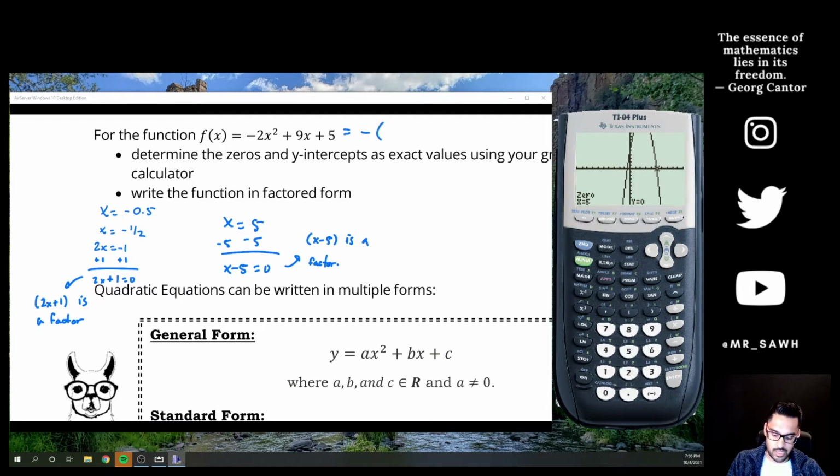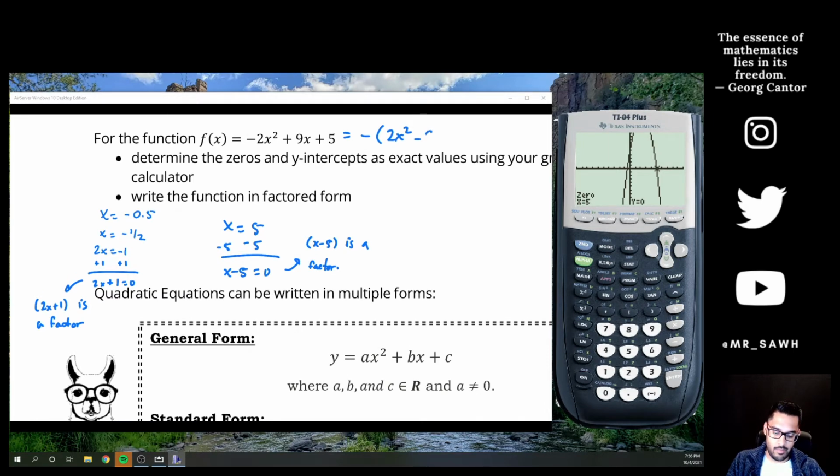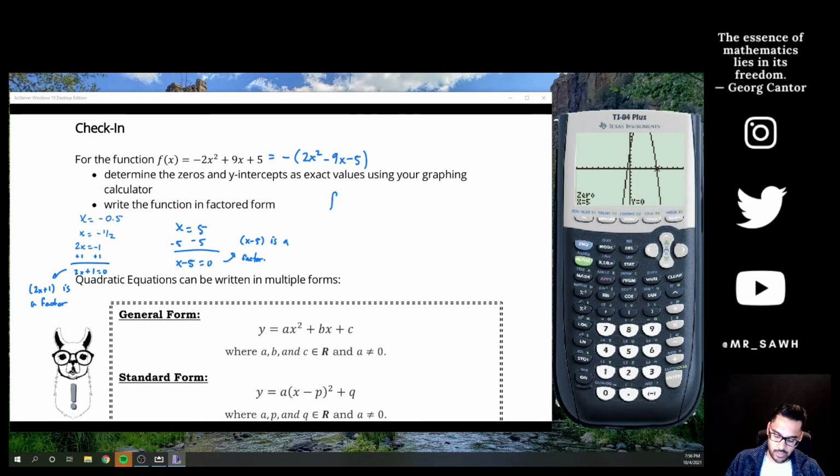Really what this looks like is negative multiplied by 2x squared minus 9x minus 5. Essentially, we factored this to get these two factors, but there's still a negative sign in the front. So really in factored form, my function in terms of x says negative, 2x plus 1 multiplied with x minus 5. So there it is.